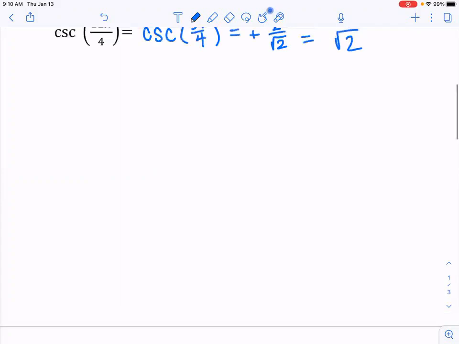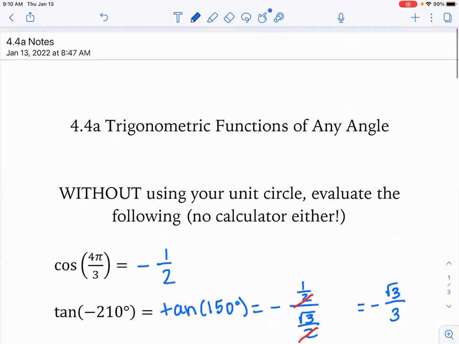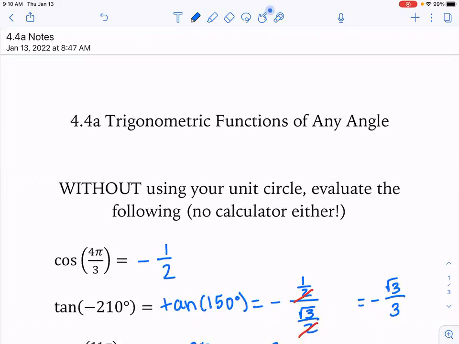So section 4 is all about trigonometric functions of any angle. Basically, we can go to any quadrant 1, 2, 3, or 4, and we can evaluate sine, cosine, tangent, cosecant, secant, and cotangent, no matter what the angle is. So today, we're going to start off and just focus on our special angles, 30, 60, 90, 45, and their reference angles.